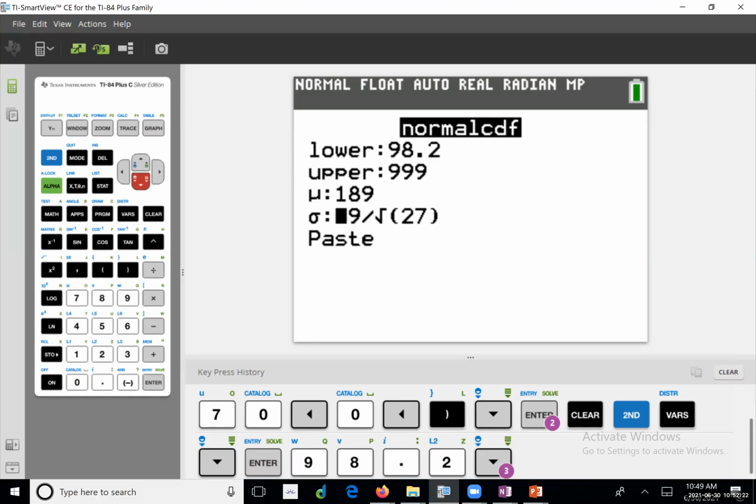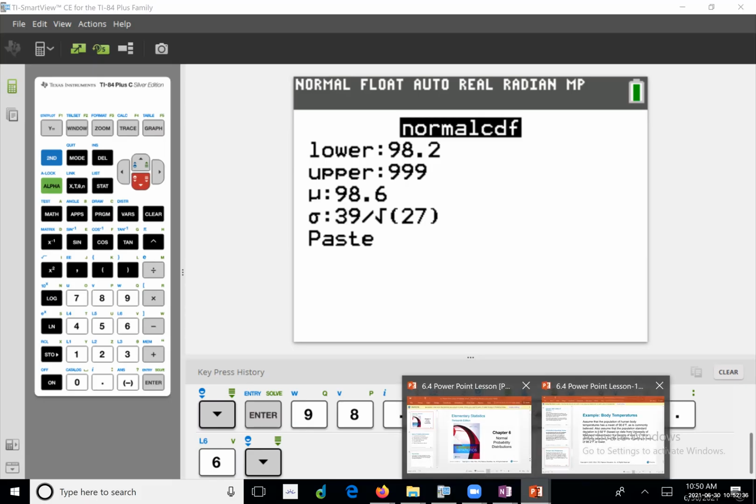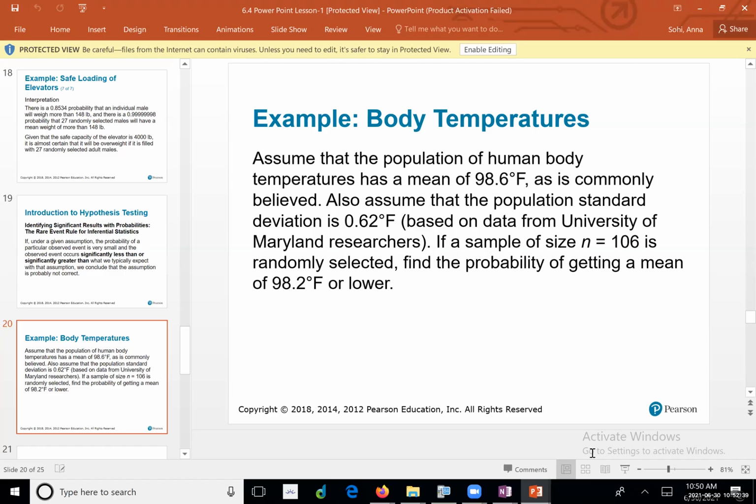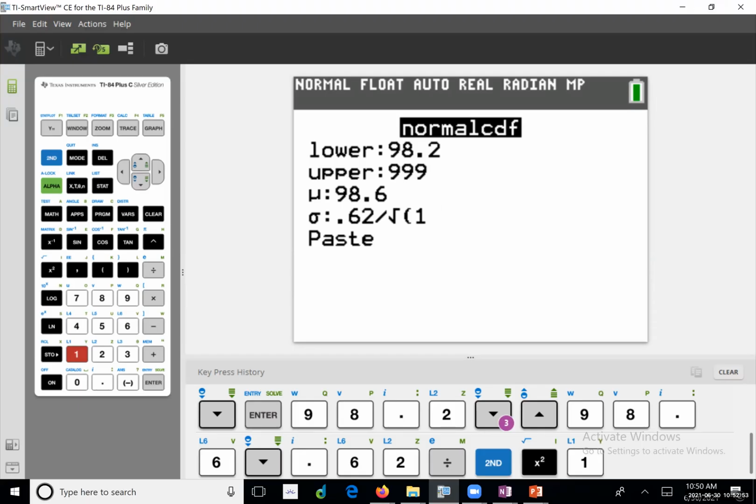And then the mean was 98.6. I haven't memorized the numbers, if someone can help me. 98.6 was the average, 0.62 over the square root of 106.